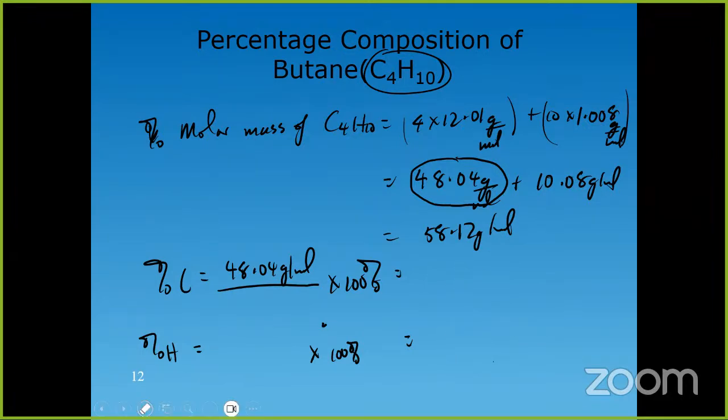Okay, so for here, this would work out to be equal to 58.12 grams per mole. Okay, so 48.04 divided by 58.12 times 100. So, ooh, is that right? 82.65.